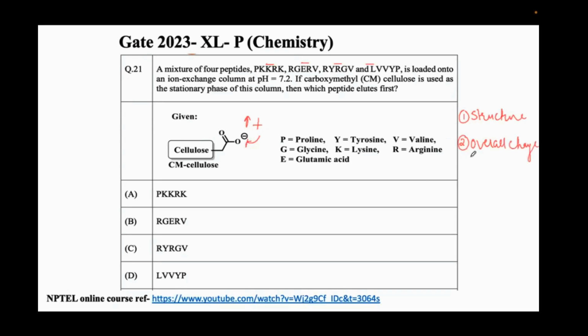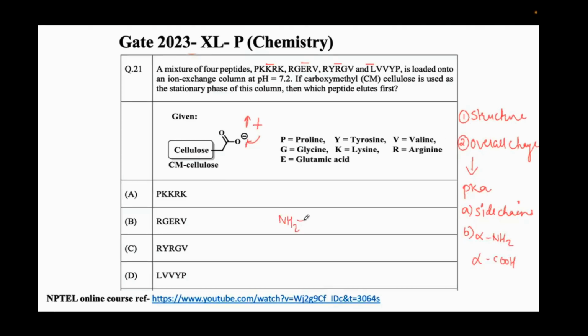To find the overall charge, we need to know the pKa values of the side chains as well as the pKa values of the alpha amino groups and alpha carboxyl groups which are present on these peptides. So the general amino acid structure is kind of like this.